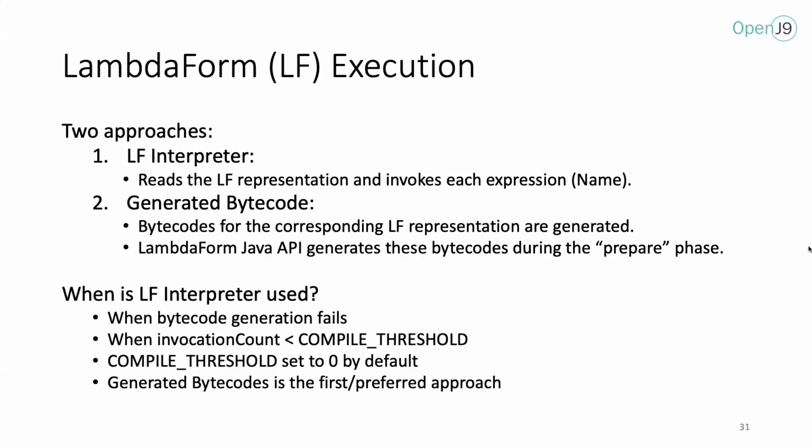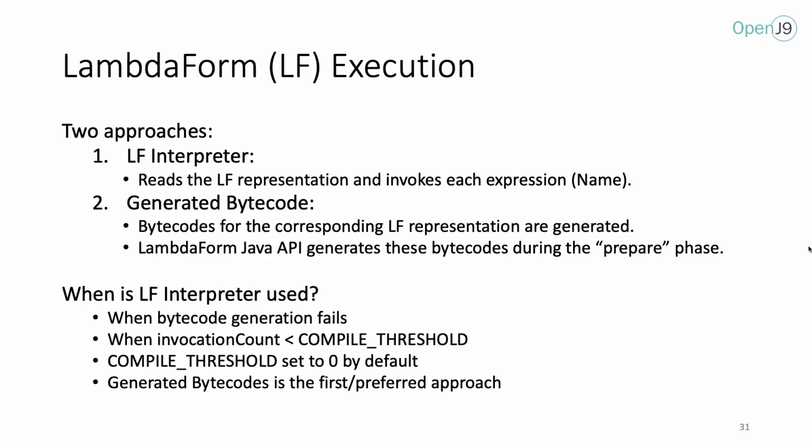The other approach is to generate bytecodes for the LambdaForm. Generating bytecodes means we don't have to look at the LambdaForm fields and interpret the LambdaForm every time, which makes it better for performance. These bytecodes are triggered by the LambdaForm Java API during the prepare phase.